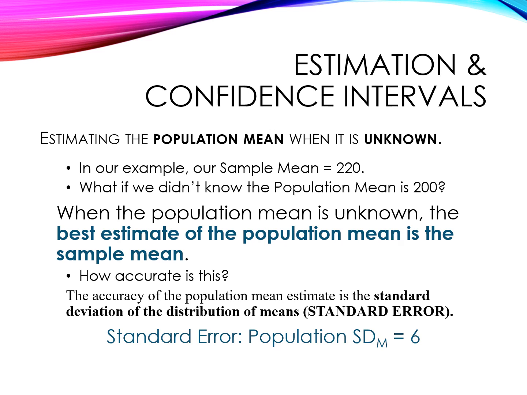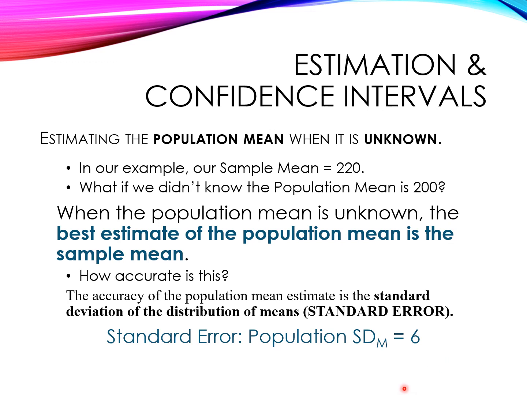How accurate is it? It's as accurate as your standard deviation, okay? And that's one of the reasons why the standard deviation of the distribution of means is also called your standard error, or standard error of the mean, okay? And so in our example, your standard error was 6, okay? That's actually pretty small. That's pretty small when your mean is up at 200 and your error is only 6.